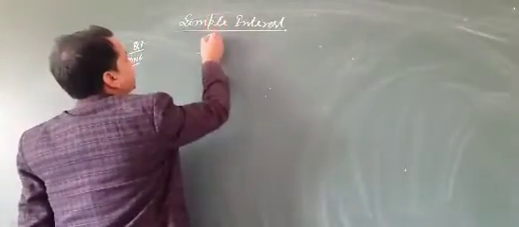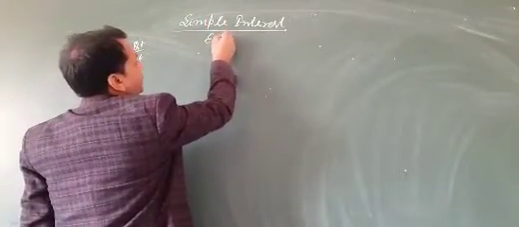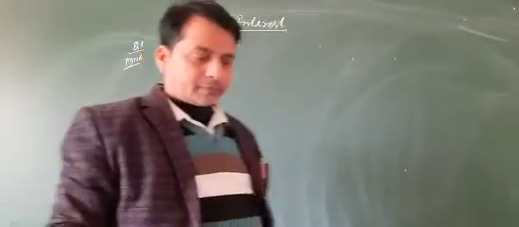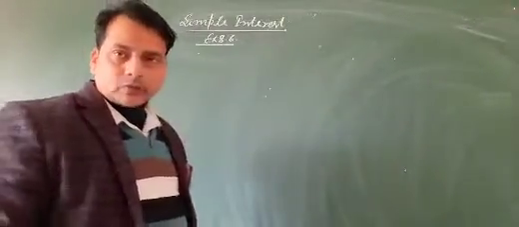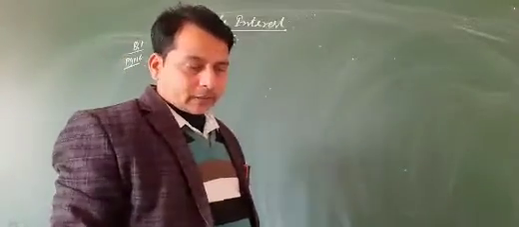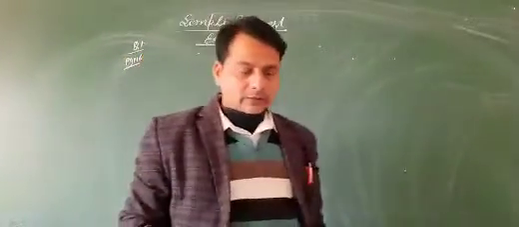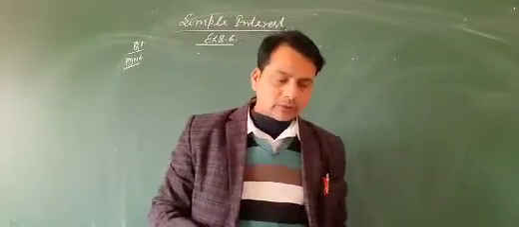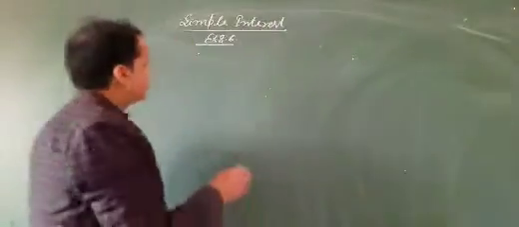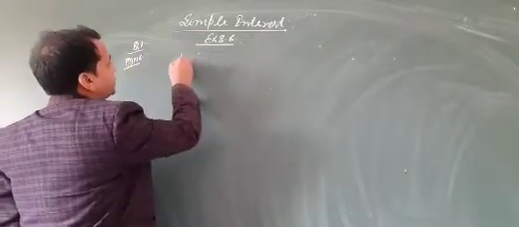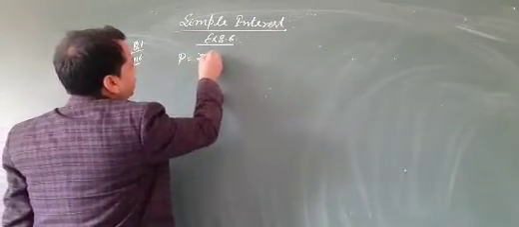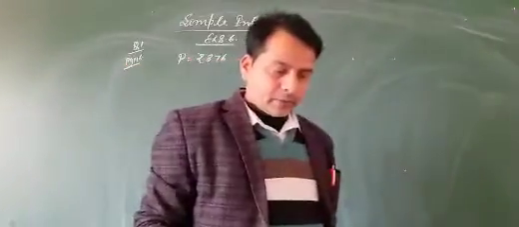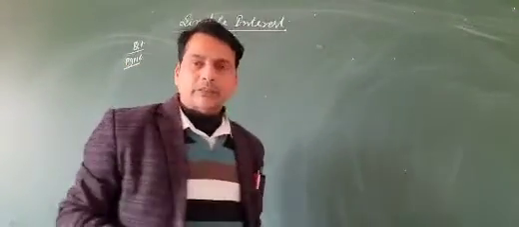Exercise 8.6, question number 1. In this question, a sum of 876 rupees was lent. So it is clear that the principal is given here, the value of P is 876, and it was lent at 4% per annum.